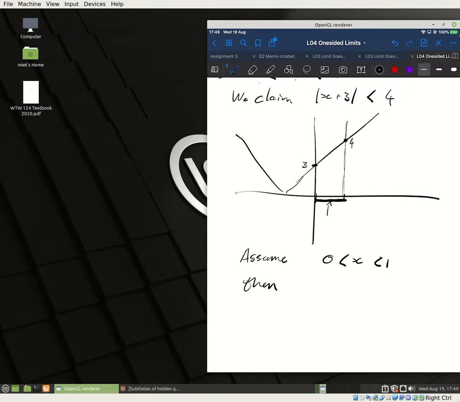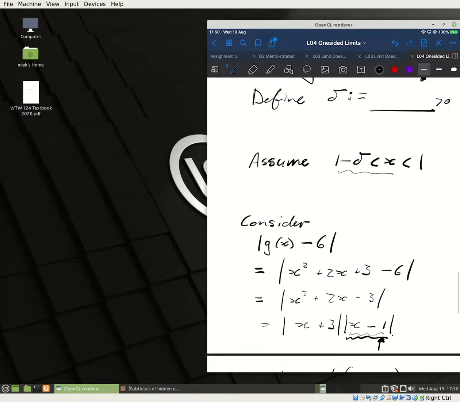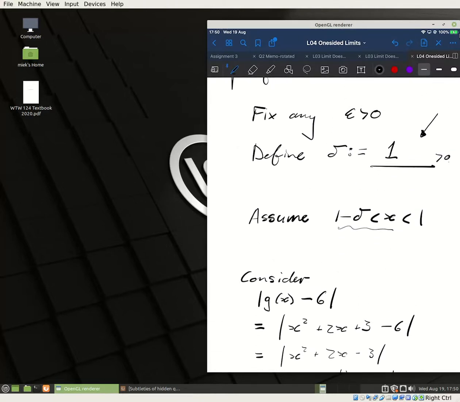We're looking for an x plus 3, so let's add 3 everywhere. So that is less than 4, that is greater than 3. And here we see that if we take the absolute value of x plus 3, this is less than the maximum of these two values, so that is 4. So if x is between 0 and 1, then this expression is less than 4. So we have to bake in a 1 here for our delta.